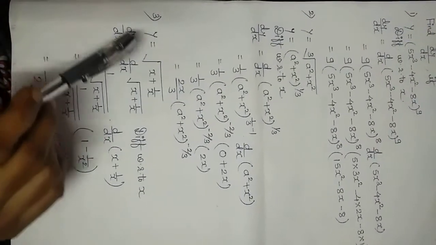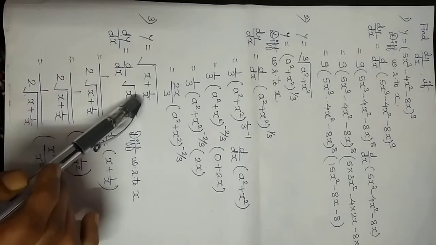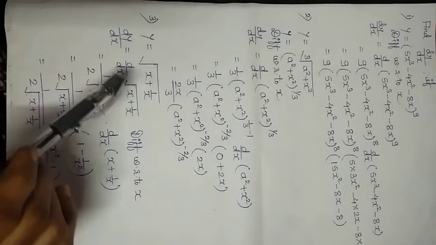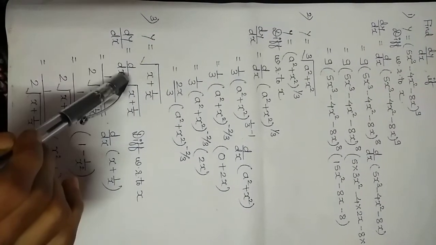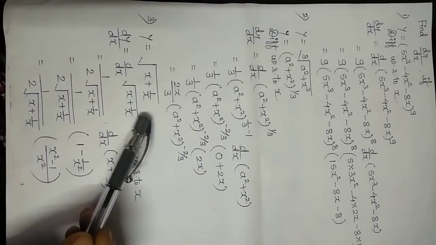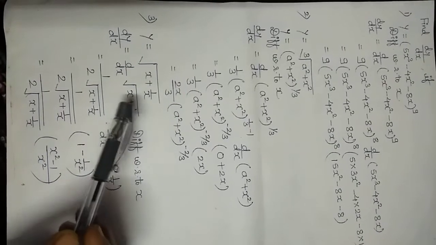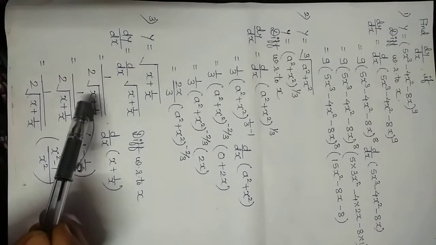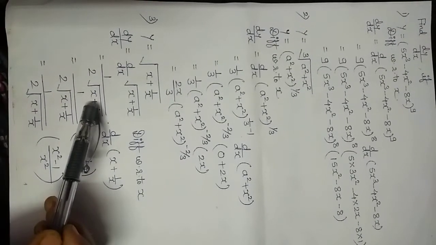Now third question, y is equal to square root of x plus 1 upon x. Differentiating with respect to x, taking dy by dx on both the sides. As we have the formula, derivative of root x is 1 upon 2 root x, here we can apply that formula. So we will get 1 upon 2 into root of the term.